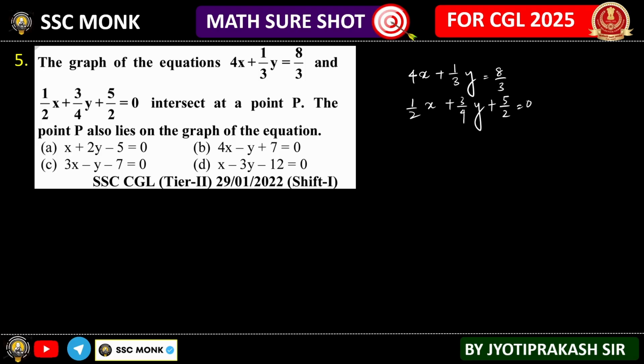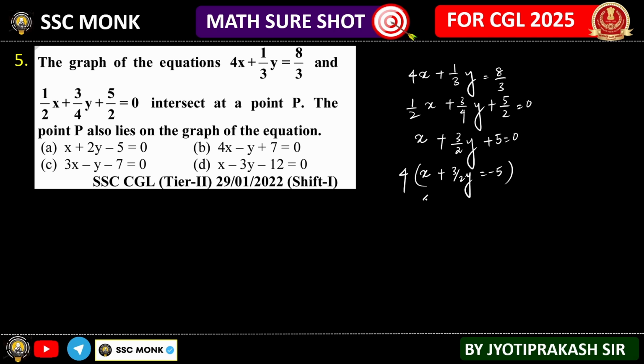Understand this. Here I can write this equation, or I can simply multiply by 2, or I can write this equation as x plus 3 by 2y plus 5 is equal to 0, or this can be written as x plus 3 by 2y is equal to minus 5. Now see, 4x over here, x over here, so I'll multiply by 4 over here.